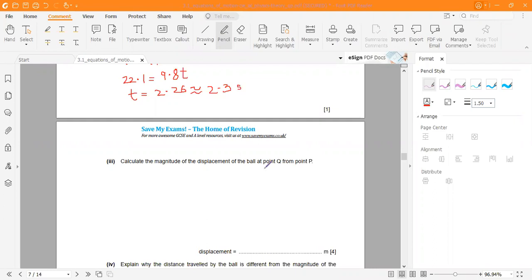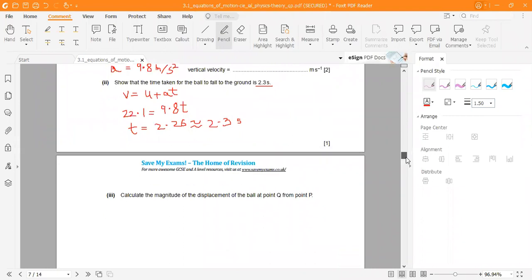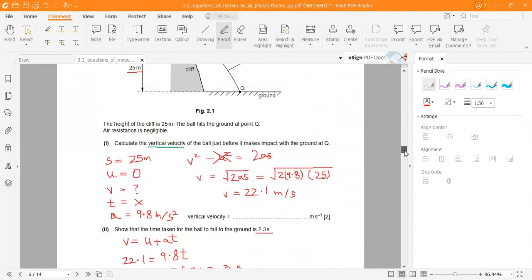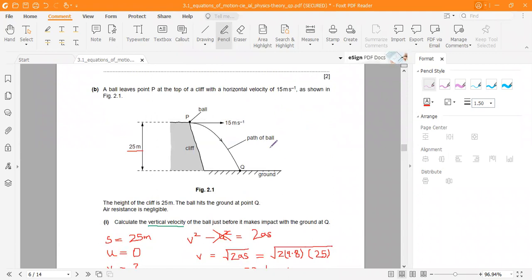Okay, so we're doing this question, and we have calculated the time. Now they're asking, calculate the magnitude of displacement of the ball at point Q from point P. What is this displacement? You can say that displacement is the length which tells you the difference in the initial and final position.